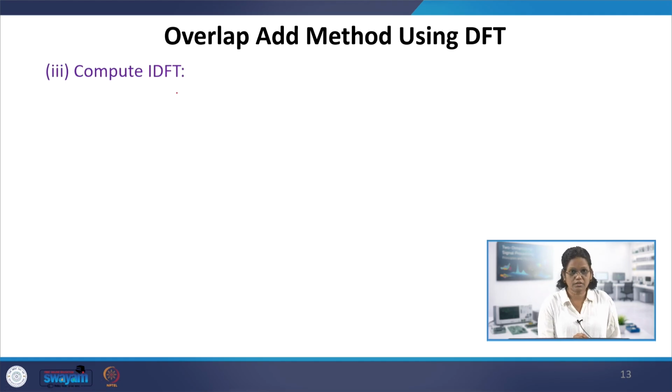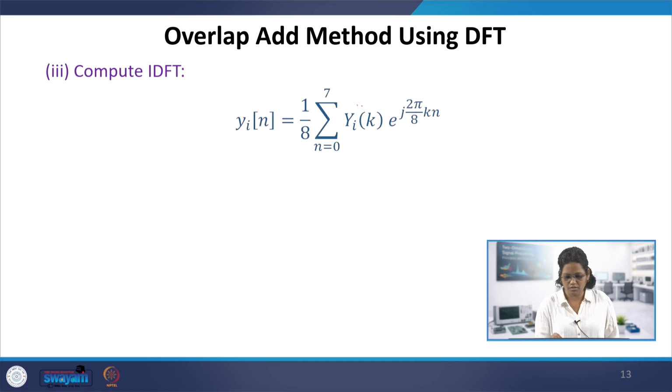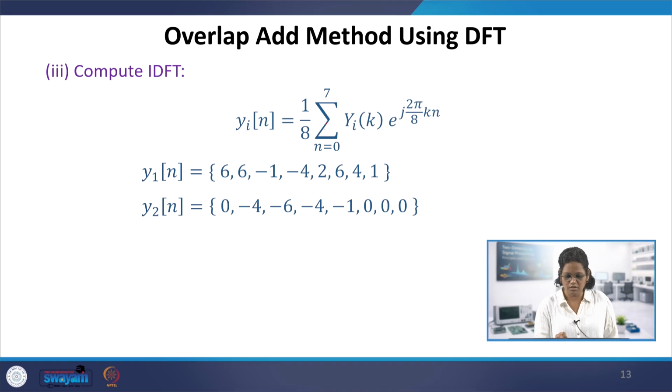After this, compute the IDFT, because we have to bring it back to the time domain. Yi[k] is known, and the individual yi[n] can be obtained. Here for y1[n], if you use the IFFT command, you would get that as well. This is the sequence which gives 8 points from Y1[k] and from Y2[k]. Now how do we get y[n] from these time domain sequences?